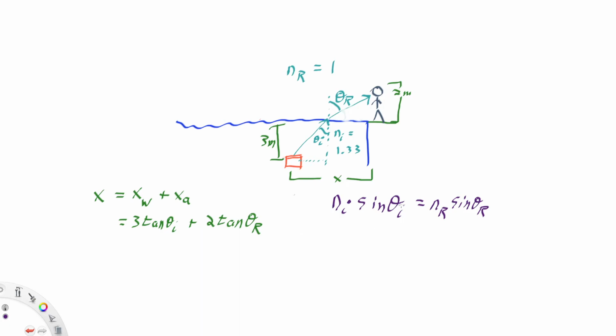So doing a little algebra, the incident angle is going to be the sine inverse, or the arc sine, of nr sine theta r over ni.